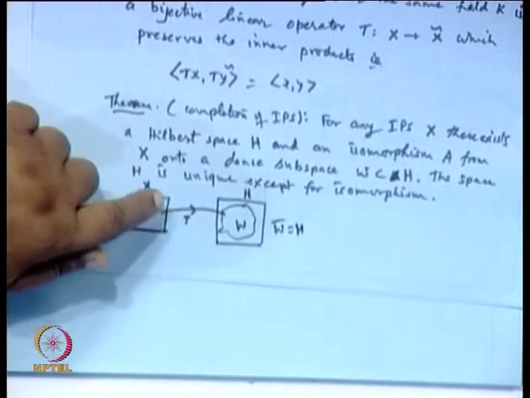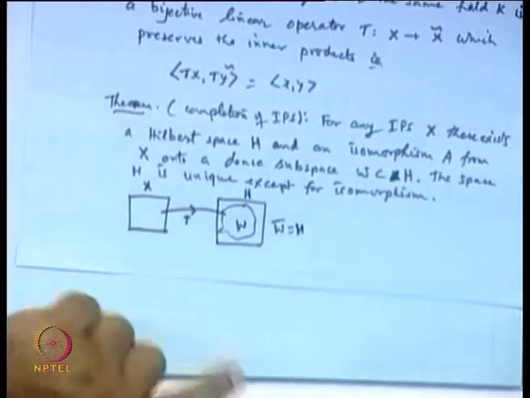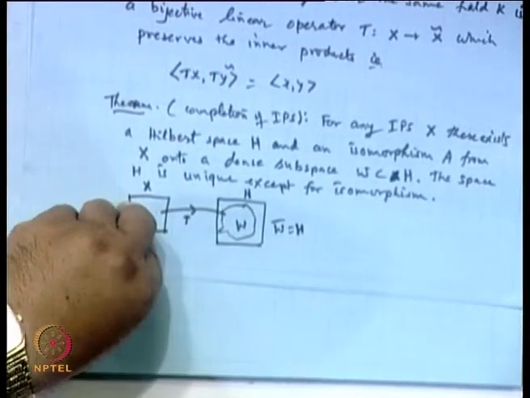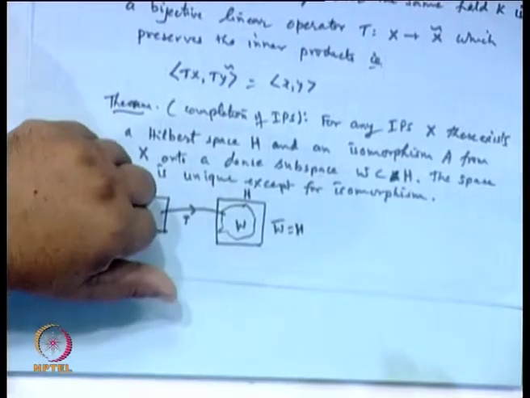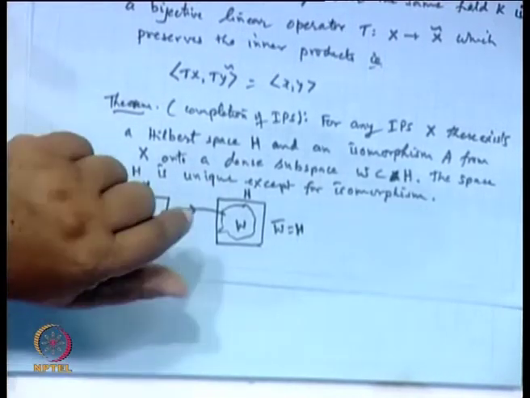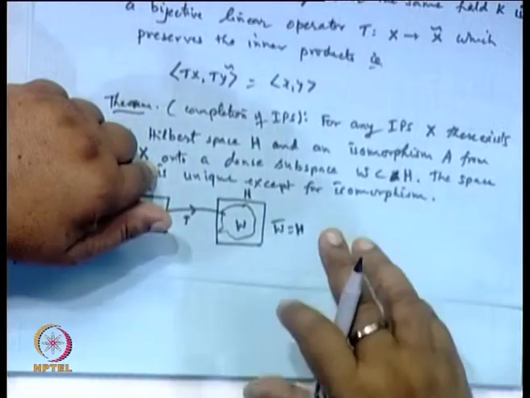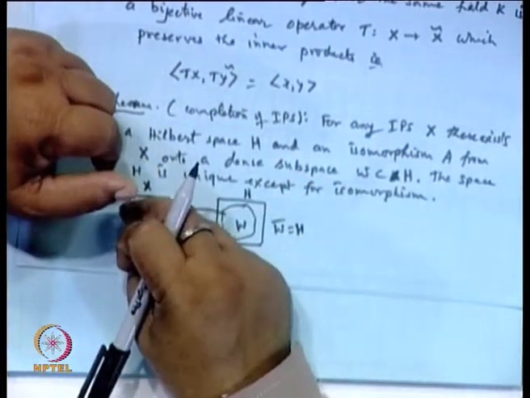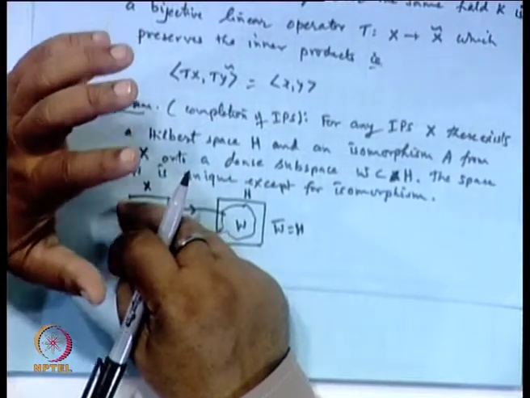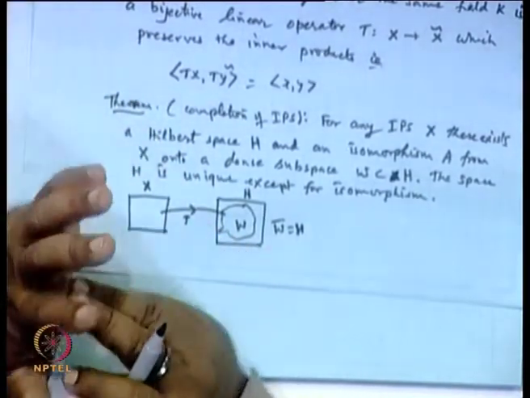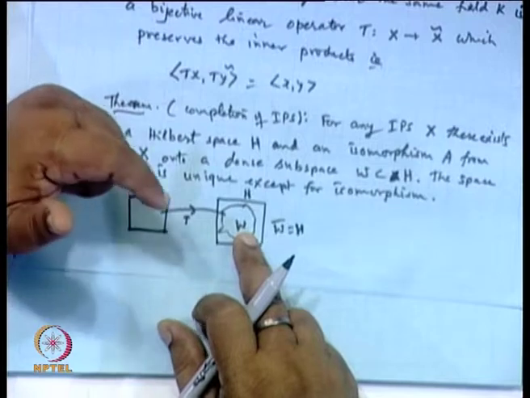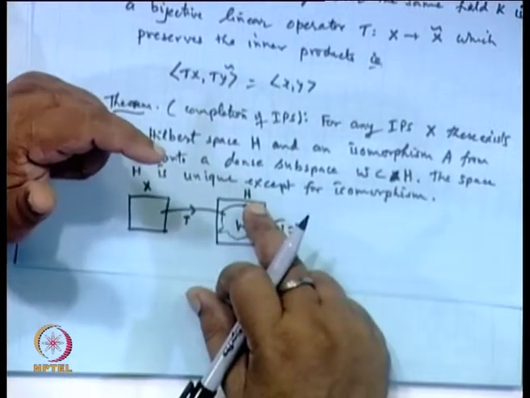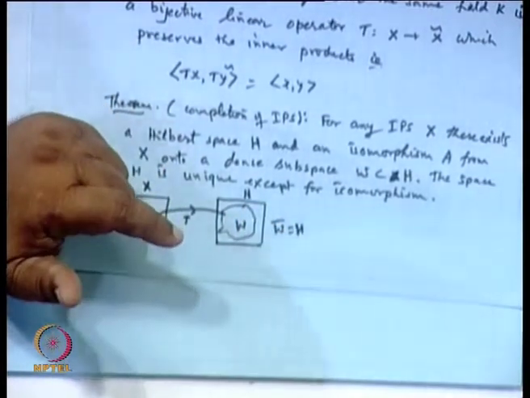So, that is why what we are saying is that if X is an inner product space, one can identify a Hilbert space H, which has a subspace which is dense in H and has a 1-to-1 correspondence, isomorphic with X. And this representation means that corresponding to X, we get a unique H, unique except for isomorphism.